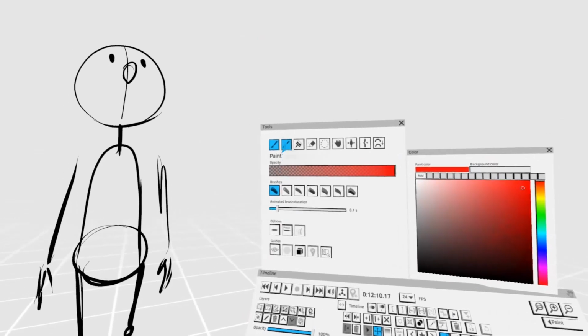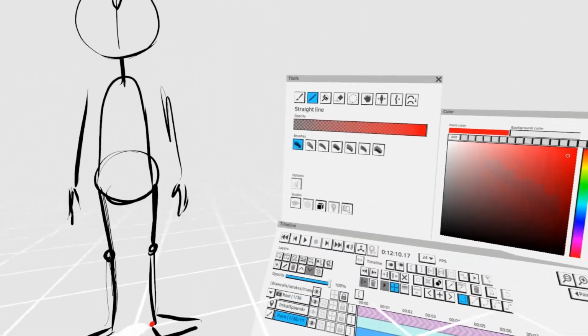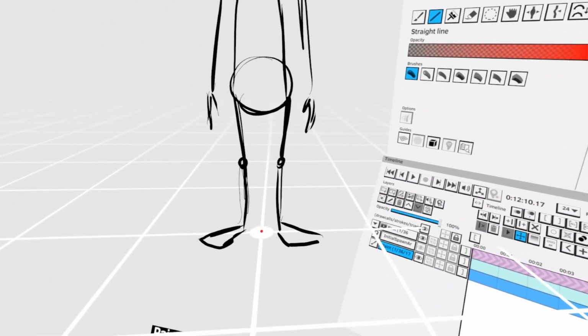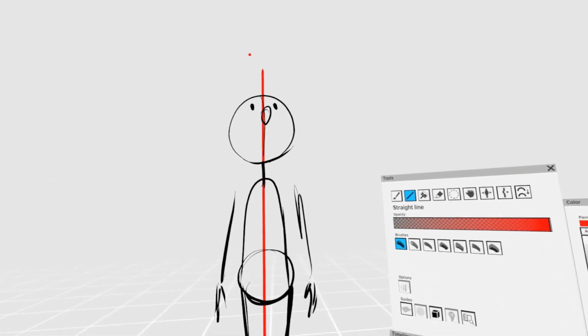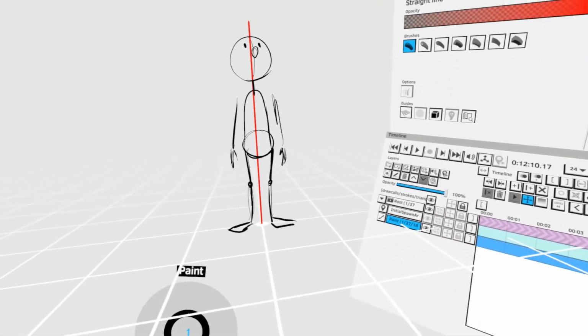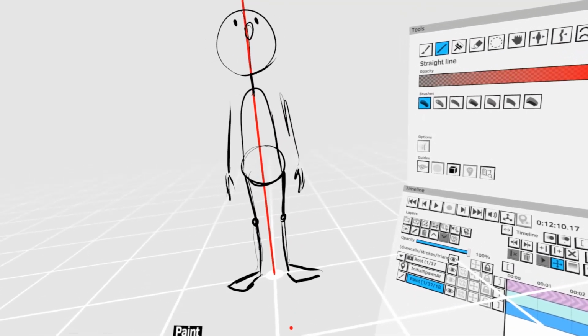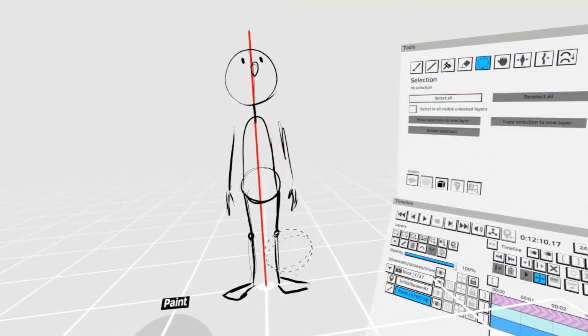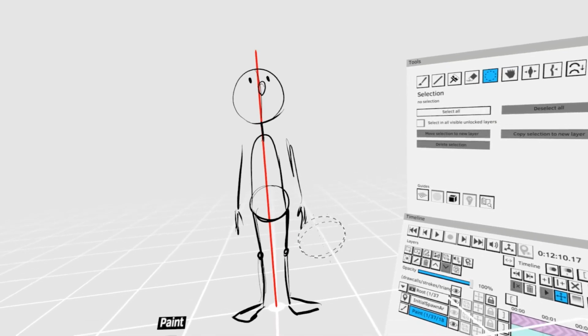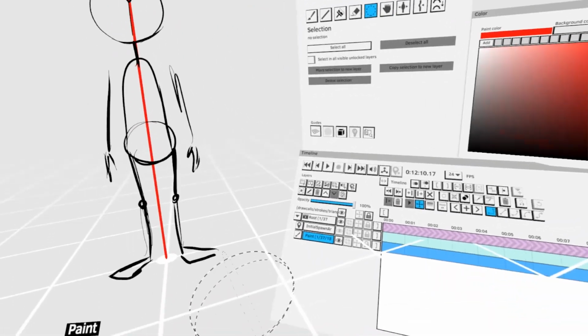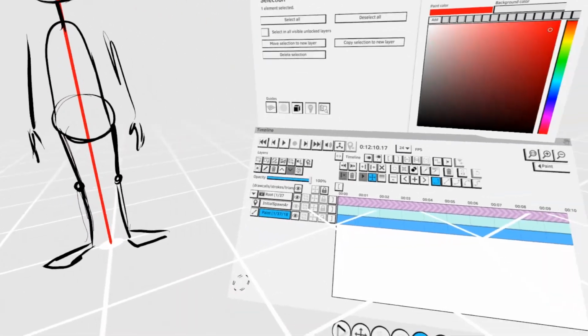So if we draw a line here that's perpendicular to the ground plane, this line will represent more or less the center of balance, right? So each character has a center of balance. Let's put this in another layer.